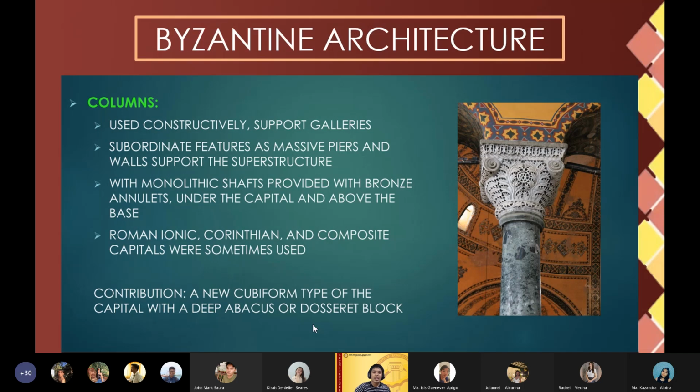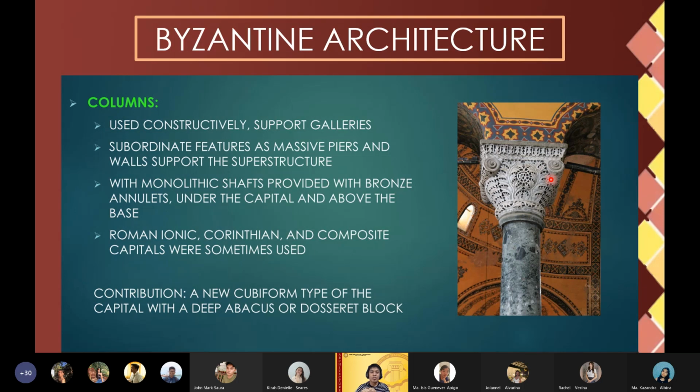So for the columns they used, actually, if you compare Roman and Greek, let's start from Greek: Ionic, right? Corinthian, and so on and so forth. During the Roman period, they enhanced these. I think mostly Roman architecture used Corinthian capitals.